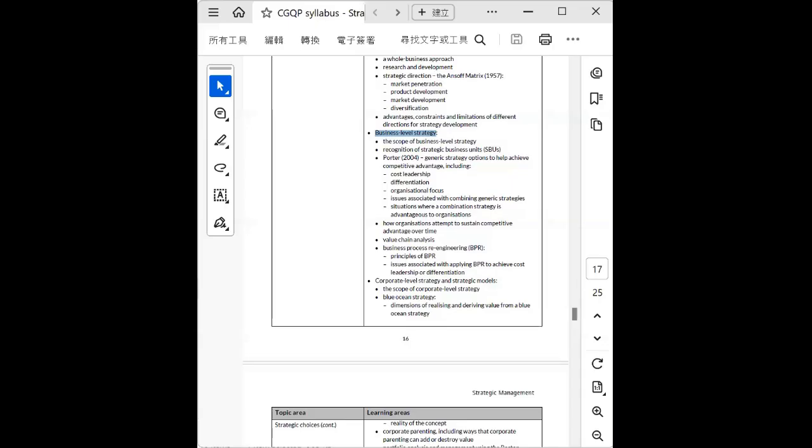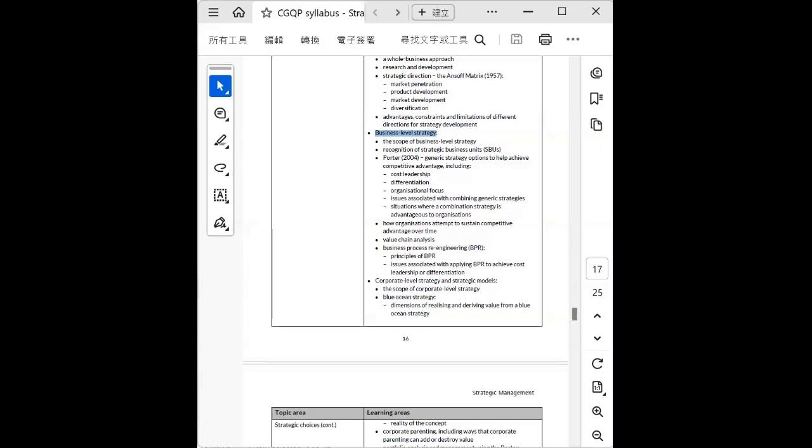So SBUs are distinct units within the company, each with its own strategy, objectives, and resources, allowing a tailored approach for different markets. So, for example, a multinational company may have SBUs for food products, personal care products, or health care products. So it will address diverse market needs.